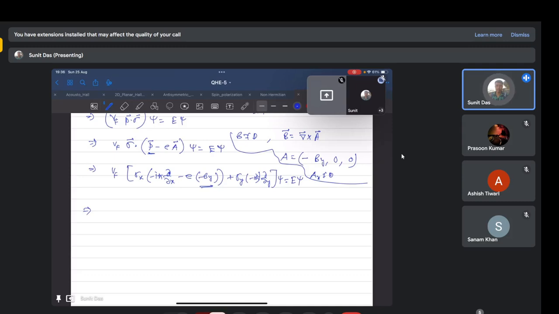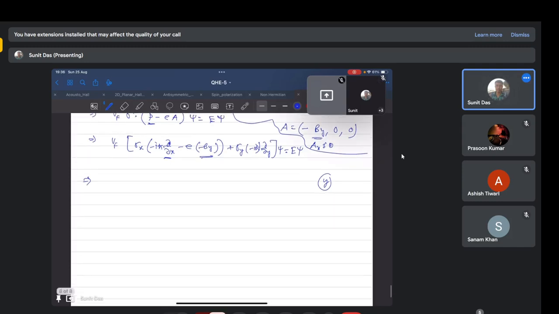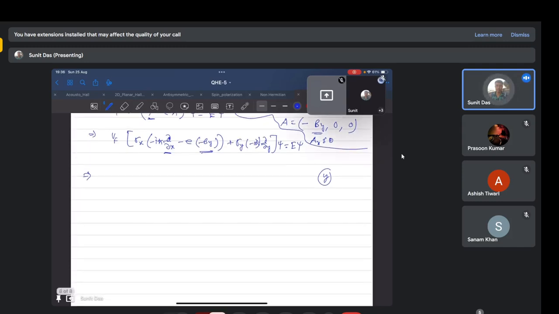Okay, so again the same story: our choice of Landau gauge is such that the electrons are free to move in the x direction, because there is no x in this expression apart from the del x. But in the y direction, it is confined, and it will not have a free-electron-like dispersion because of this gauge choice, minus By. So again, we will take a similar function.